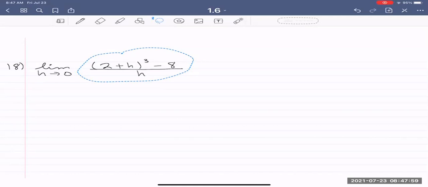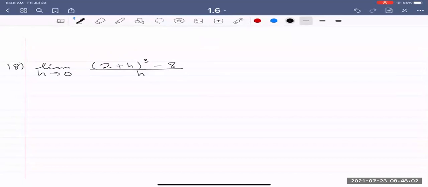Okay, so this is equal to the limit as h approaches 0. Well, to simplify this, let me expand out the quantity 2 plus h cubed. I'll use a special product formula, the sum of cubes formula: a plus b cubed is a cubed plus 3a squared b plus 3ab squared plus b cubed.